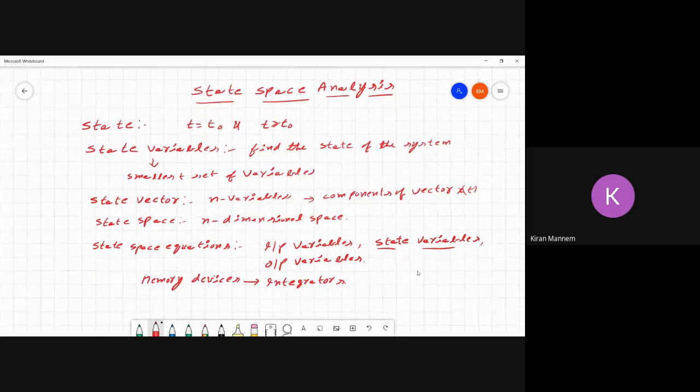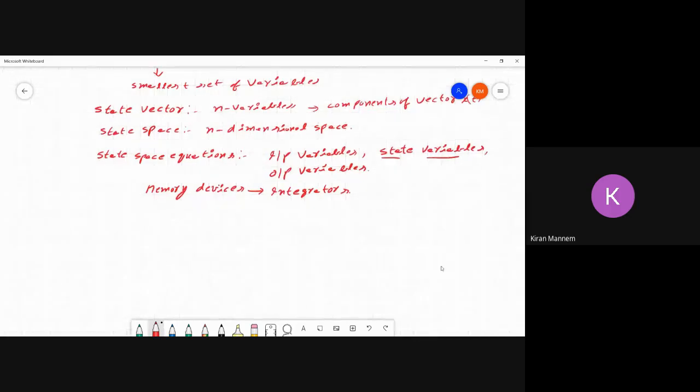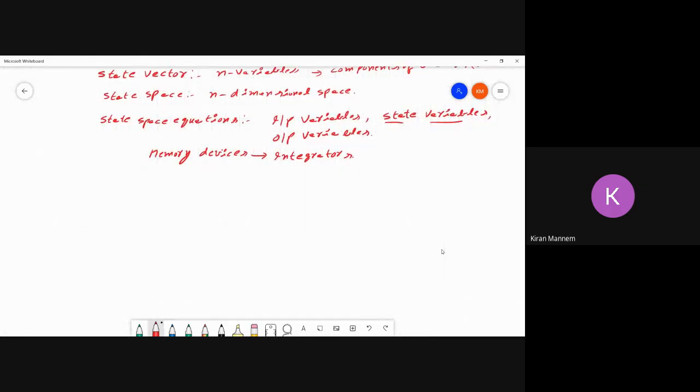Let us look at a simple block diagram of a dynamic system with state variables. So let us have that control system block. This is a control system. The input variables are represented using u1, u2, till um. You must remember this notation.